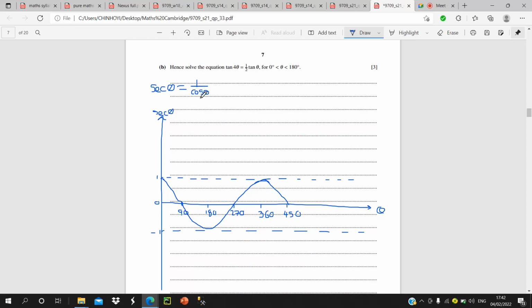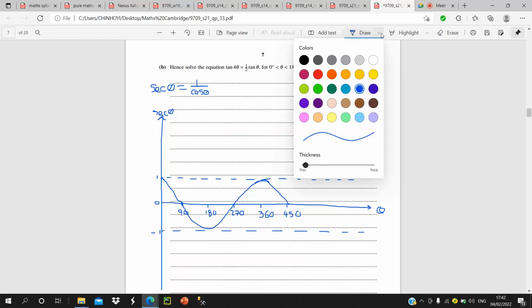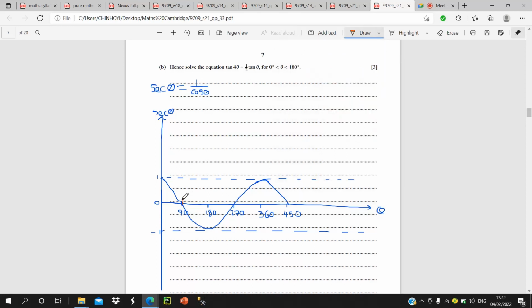So if you want to find the graph for sec, we are saying sec is 1 over cos, and 1 over 0. If you divide by 0, you get an error. So we are going to have asymptotes where the graph of cos cuts 0. We are going to have an asymptote here.